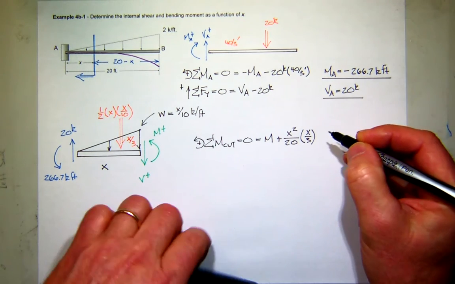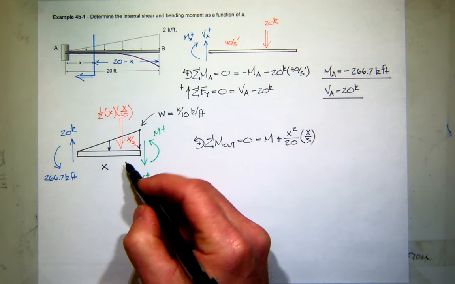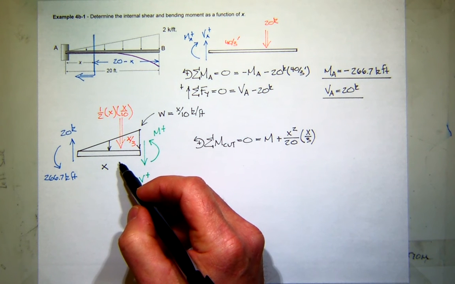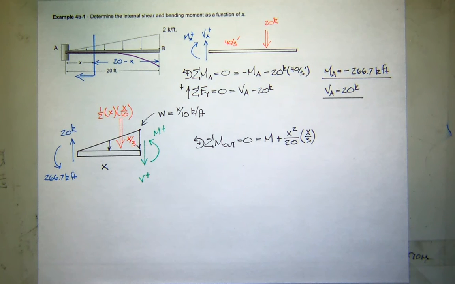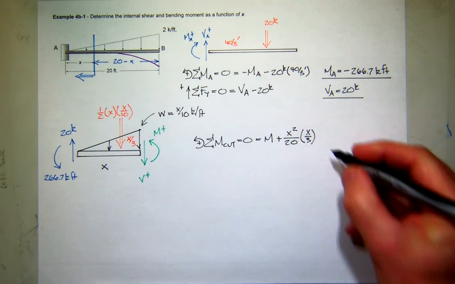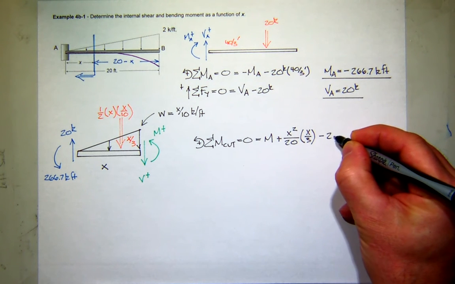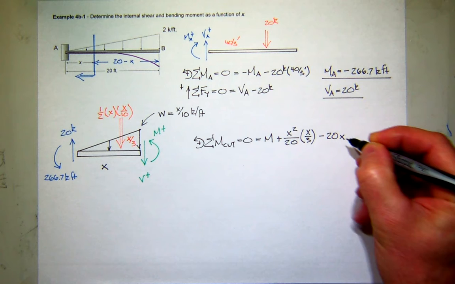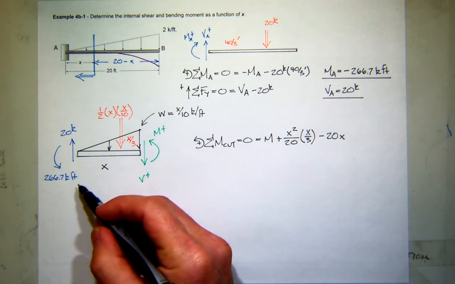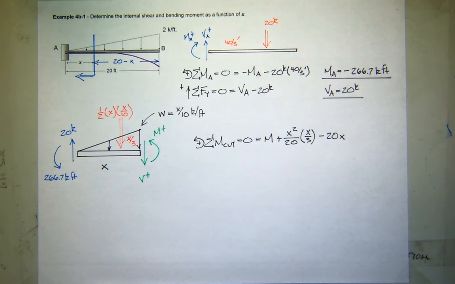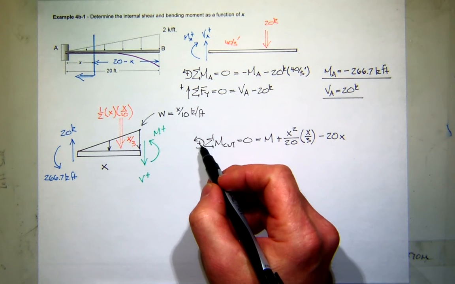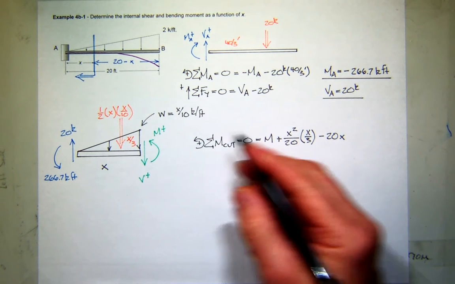Mr. McBride, what's next? Then you'll have 20 kips. Is that going to create positive or negative moment about the cut? Negative. The moment arm is x, right? Correct. Mr. Street, what do we do with this thing out here at the end? This moment? You add it. Is it a positive or negative moment with this sign convention? It is positive.